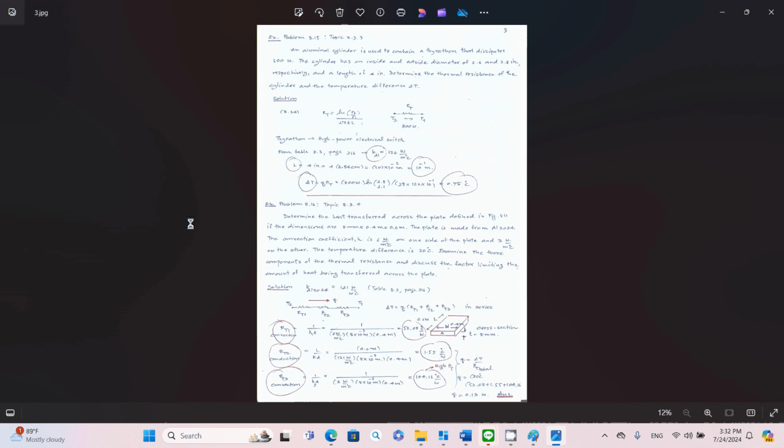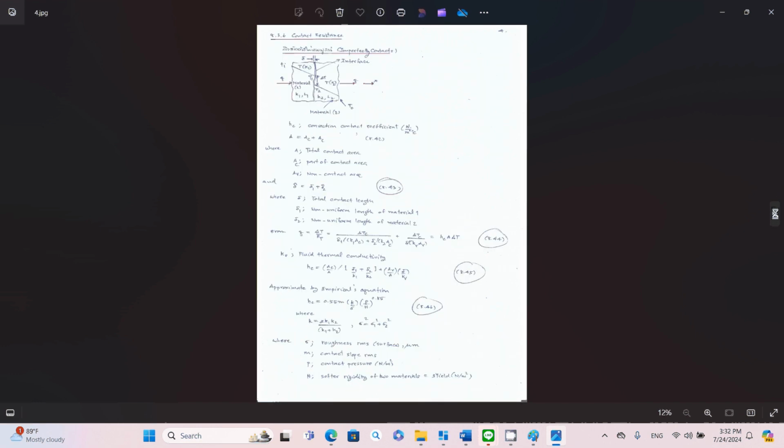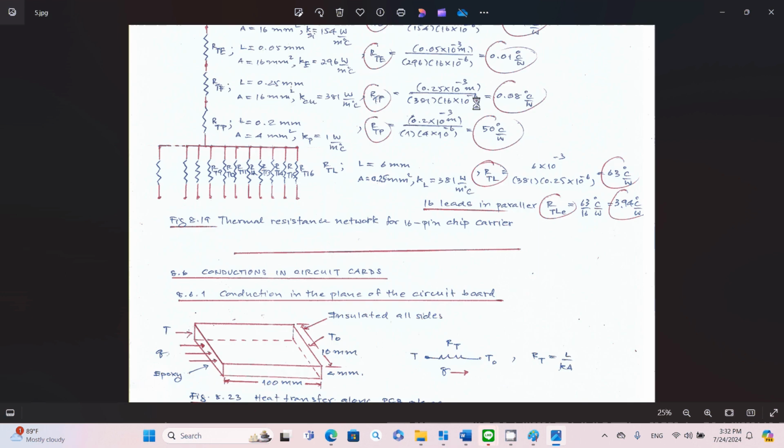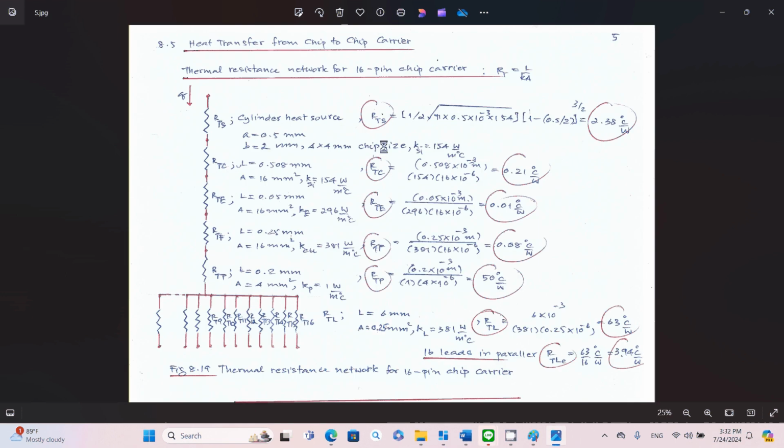For RT, or the thermal resistance of the heat source, it becomes this equation, where A is 0.5 millimeter and B is 2 millimeter. You just plug in the numbers and do some calculation.